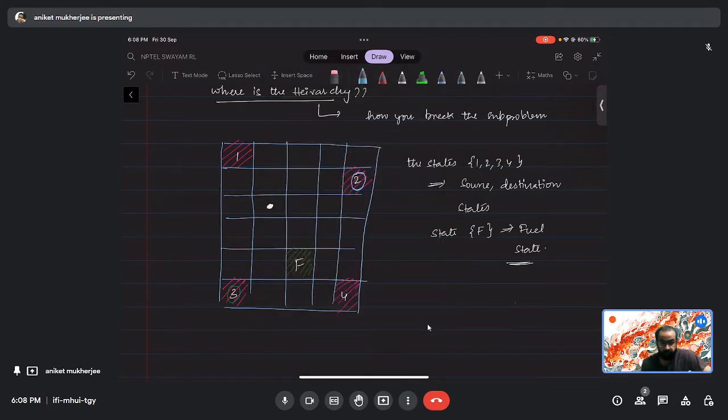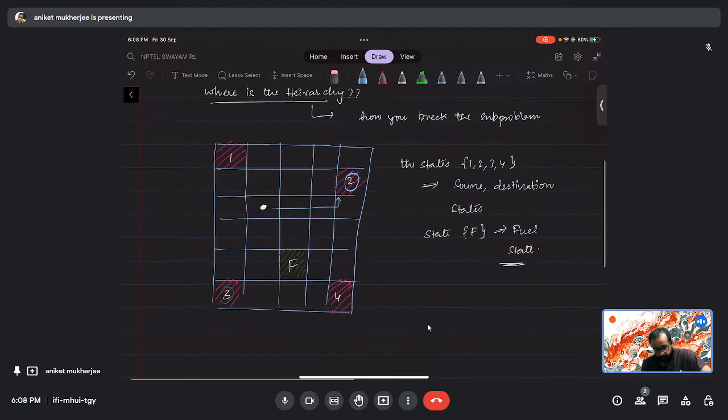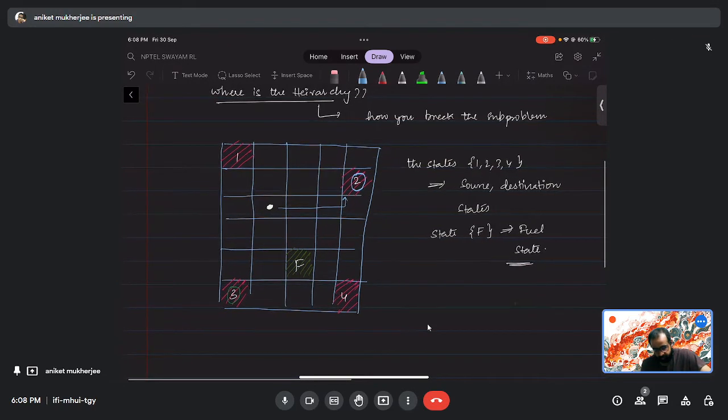So you need to pick the customer up from state 2 and drop him at state 3, given that you have sufficient fuel. Now you need to decide whether you need to fill up fuel in the middle or not.